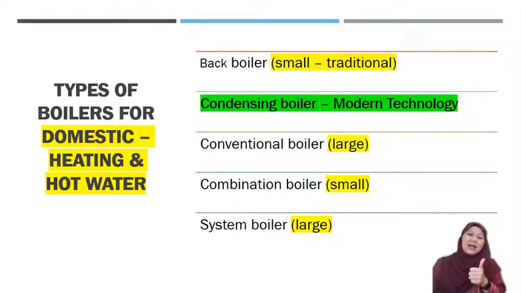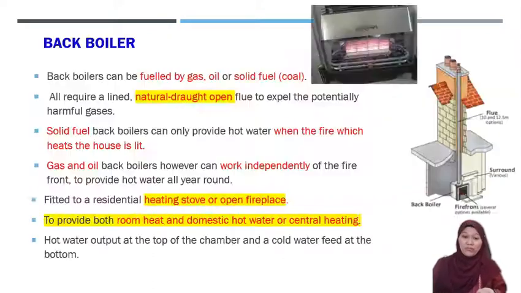It's hardly seen nowadays because it has changed into more modern boiler systems that use the condensing boiler as the working principle. Under the condensing boiler principle, we have the conventional boiler, the combination boiler, and also the system boiler. Each of these boiler types depends on the size of your home or office.